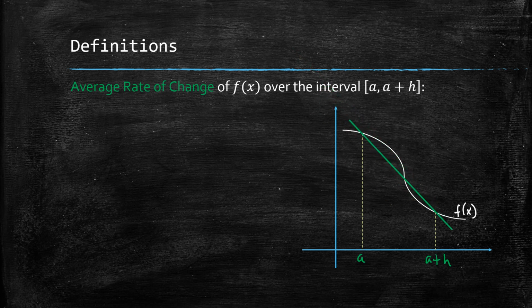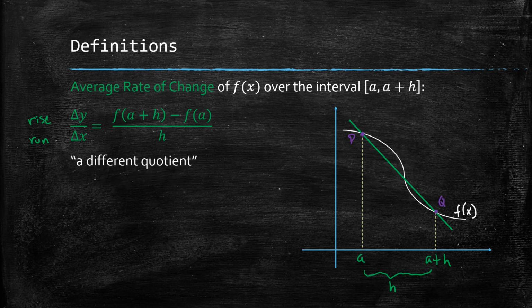That is just the slope of the secant line. We have the general formula, rise over run, so delta y over delta x. The change in y is on the numerator, and the change in x, or the run, is the difference between these two, which is just h. Let me call this point P and this point Q.